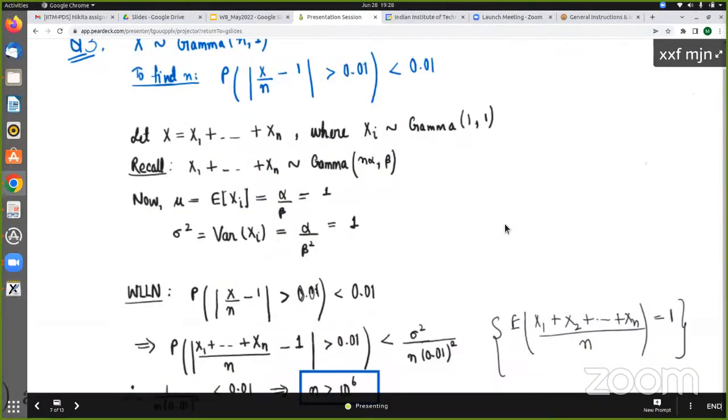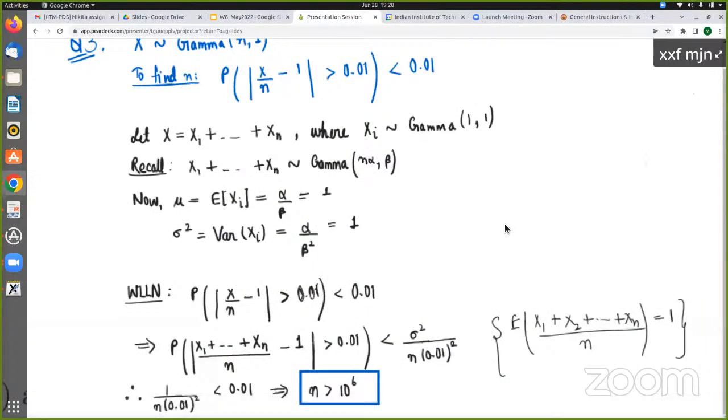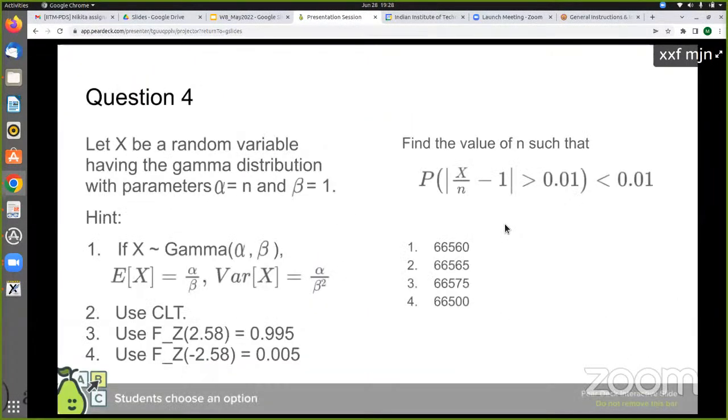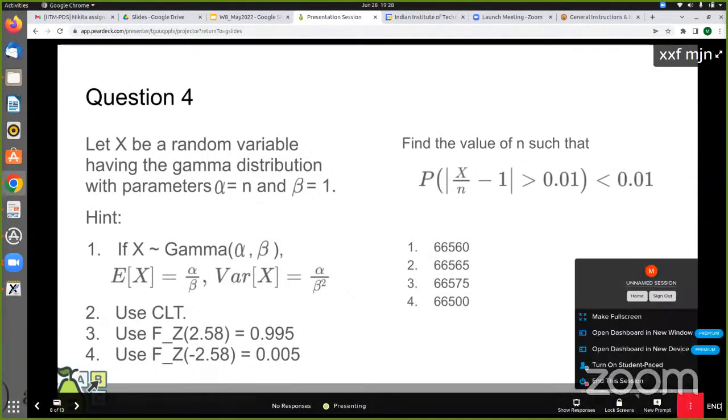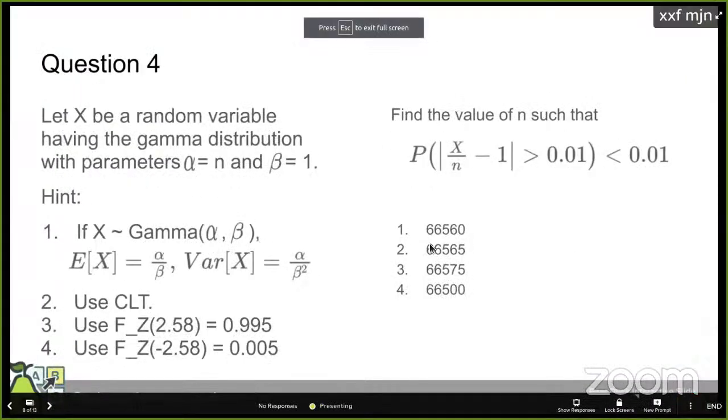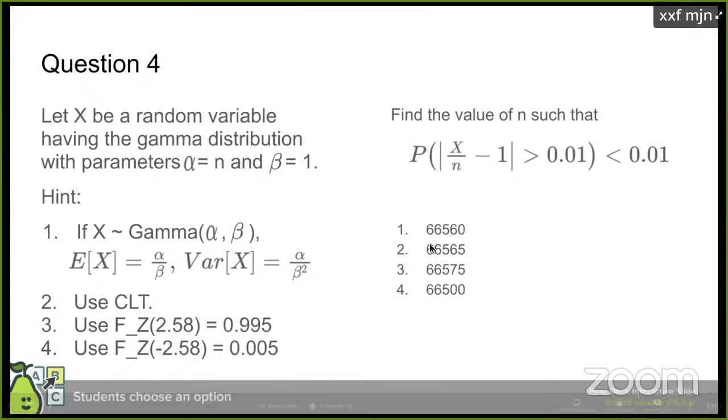Yes, sir. Okay, so we'll move to the next slide. This is again a similar kind of question, but here we have to use CLT instead of the weak law of large numbers to find n. So let X be a random variable having the gamma distribution with parameters alpha equal to n and beta equal to 1.